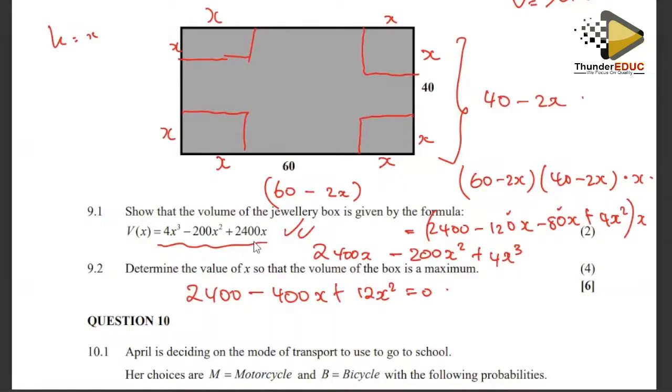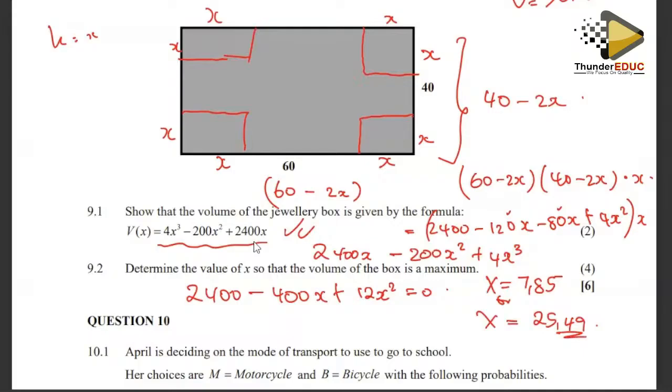So I'd rather we use the calculator with a quadratic formula and then find our value of x. It's 2400, sorry. So either x is going to be 7.85 or our x is 25.49.